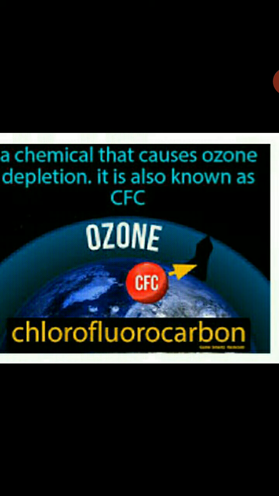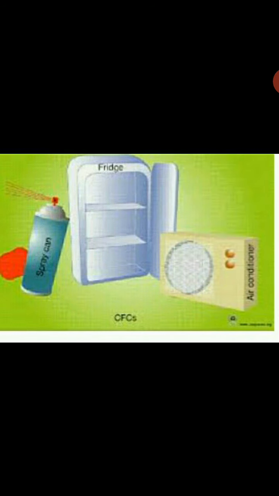CFCs are widely used in refrigeration as a coolant in fridges, in fire extinguishers and also in aerosol sprayers. CFC released into the air reacts with ozone gas present in the ozone layer and destroys it gradually. Due to this, the ozone layer in the upper atmosphere becomes thinner, allowing more ultraviolet rays to pass through it to the earth.